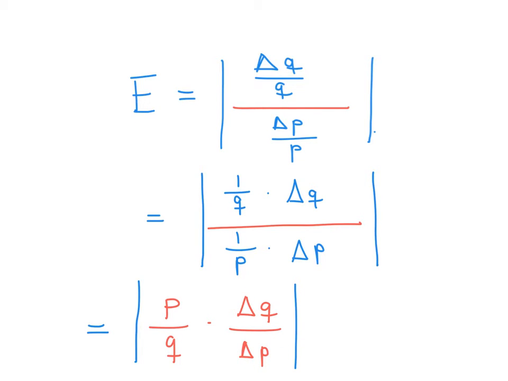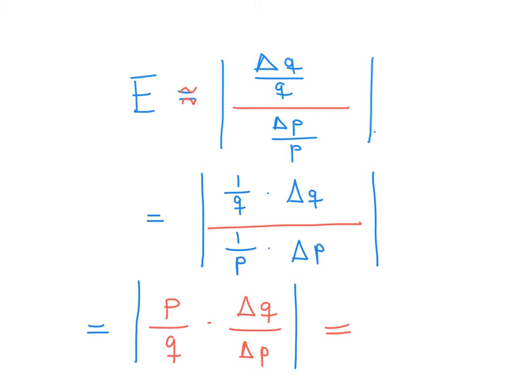If we let delta P get very small, this becomes the actual derivative dq over dp. So here's the actual function. Here we should have thought of this as more like the approximation.